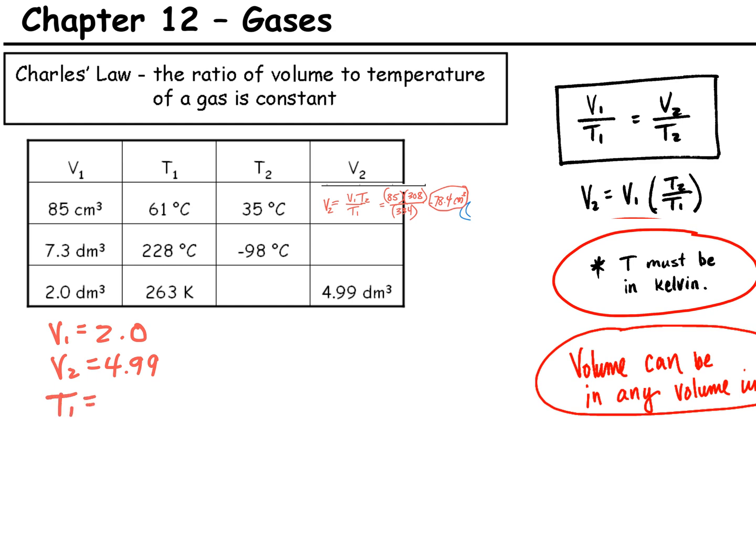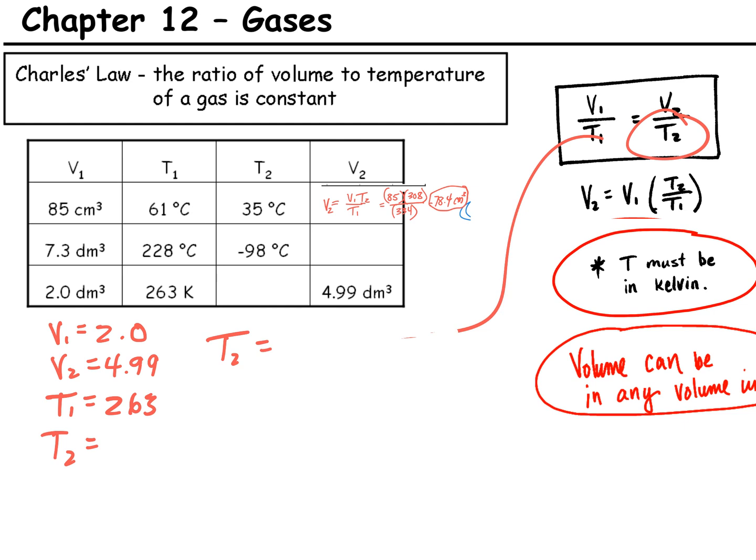T1 is in Kelvin already, 263, and T2 then is what we're looking for. Now, if I solve Charles' law for T2, this one can be a little bit tricky because T2 is in the denominator, and we have to get it out of the denominator.